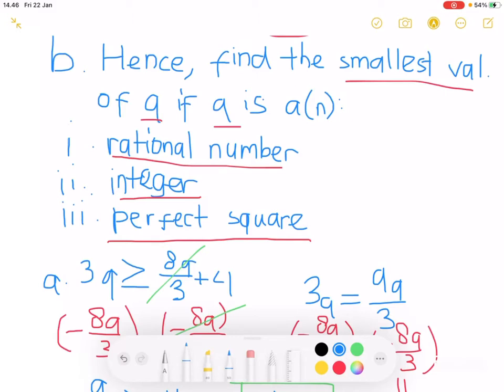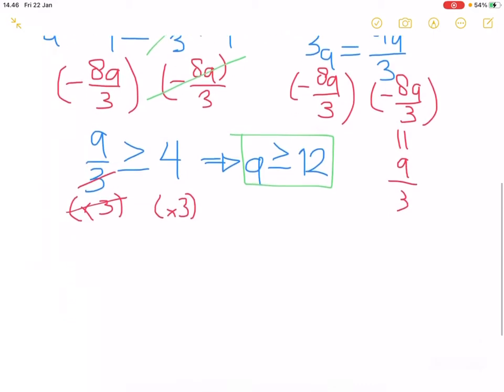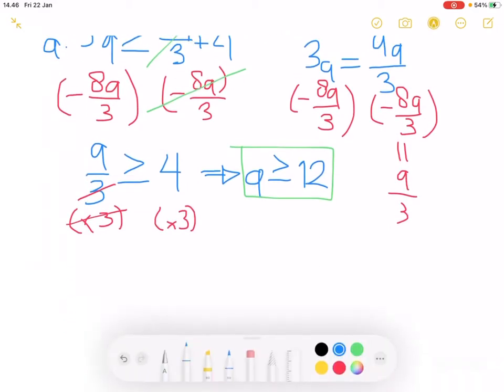So first we're going to solve for the rational numbers, and rational numbers mean some number that can be expressed as a fraction, or in other words a over b, something like that. And notice our bounds, we can just include 12 right here, because if we substitute 12, 12 is greater than or equal to 12, which just satisfies the inequality, and it's true.